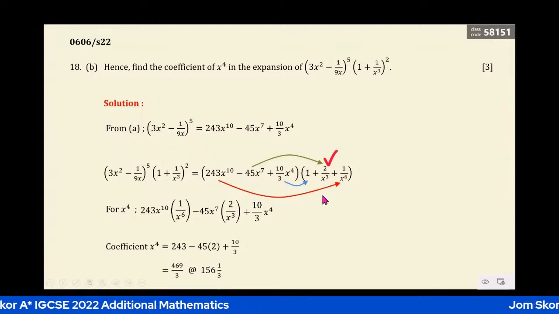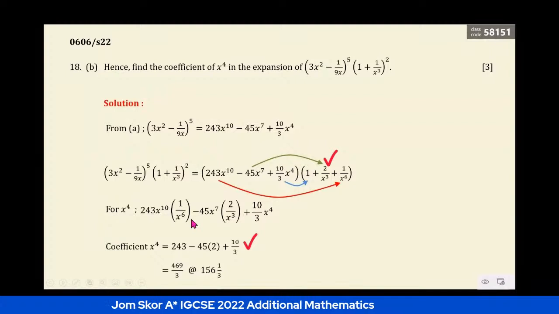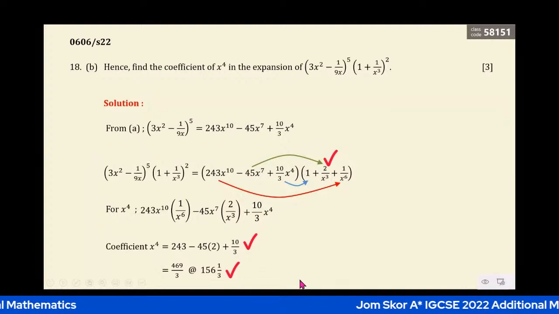Award 1 mark for your attempt to expand 1 plus 1 over x cube squared. The second mark is when you attempt to find the coefficient of x to the power of 4. You combine everything, and then you will get the mark for the final answer.